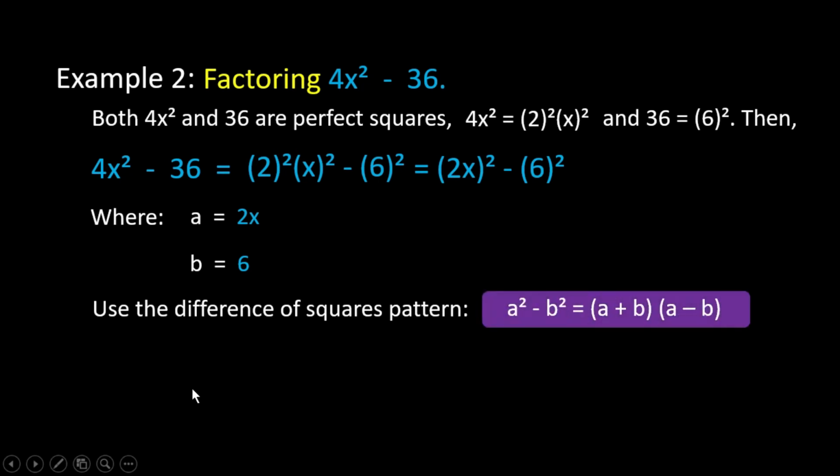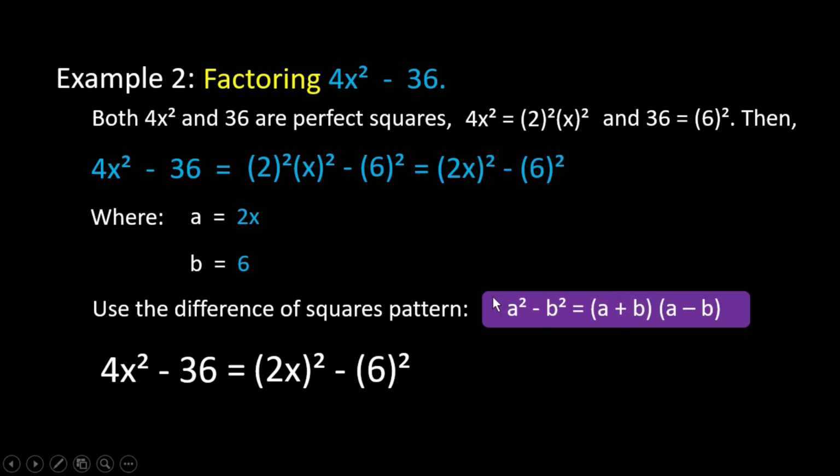So, substitute guys. Okay. So, yung 4x squared minus 36 ay pwede rin natin isulat as 2x close and open parenthesis then squared minus 6 squared. So, ito yung a, ito yung b.